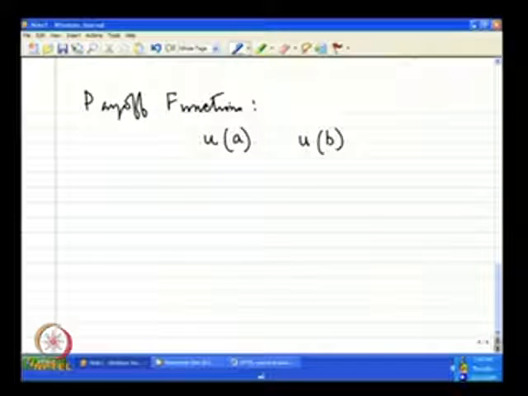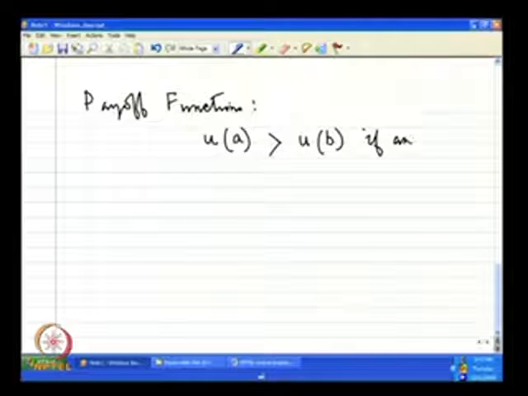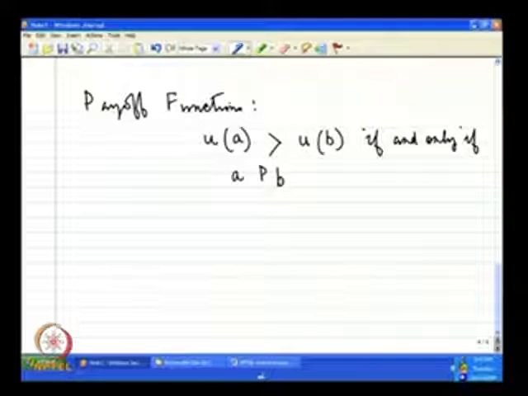Now, what is a payoff function? It tells me that if U is a payoff function, then U(A) is greater than U(B) if and only if A is preferred to B. The implication of if and only if is that if U(A) is greater than U(B), that means A is preferred to B, and it goes the opposite way also.